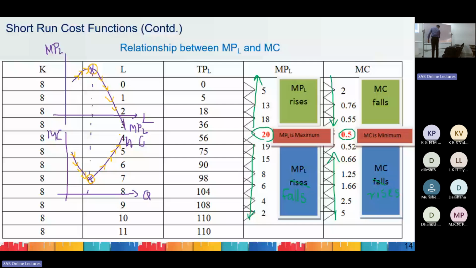Marginal cost is minimum. And average cost, so they behave in this way.